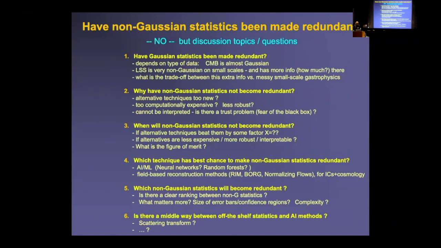But the one thing that I think might be tricky in combining ML approaches with this, oh wow, that mic is loud, is that when you combine it with these more interpretable non-Gaussian statistics, you are essentially just anchoring your ML framework. I'm not sure if that solves the problem of either trust or interpretability on the ML part.